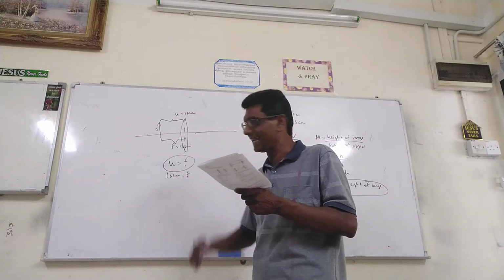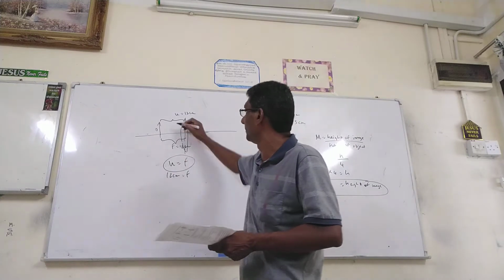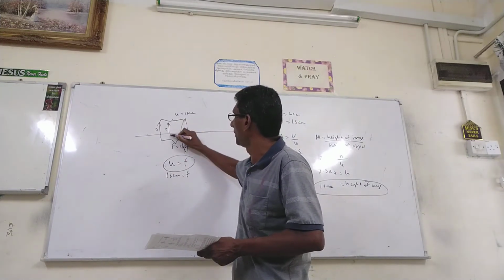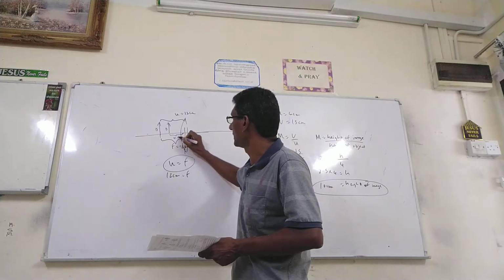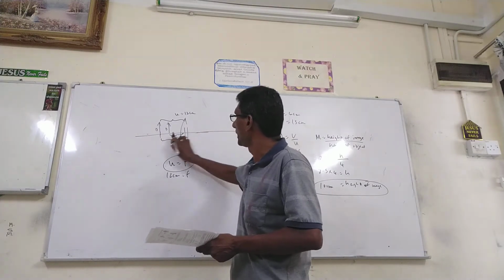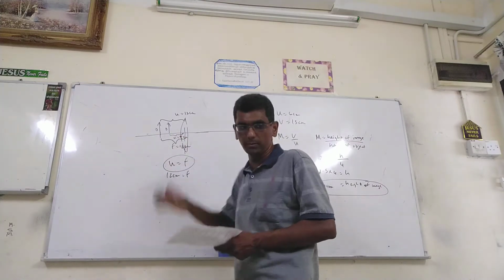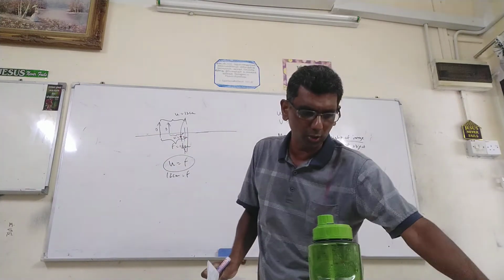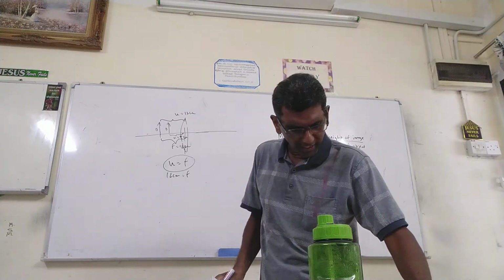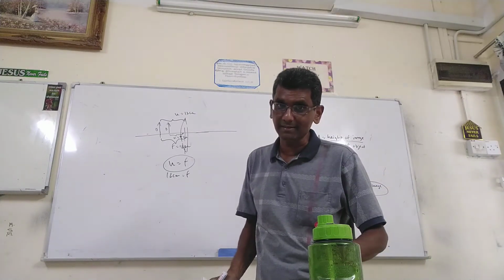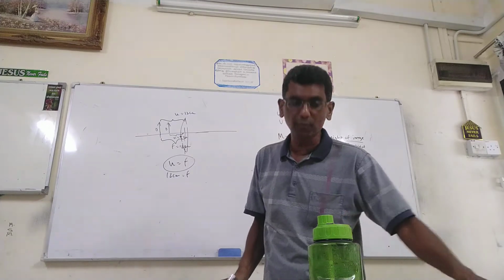If the object is placed 8 cm, now the object is placed at 8 cm. Just now the object was at 12 cm, and the object distance was the focal length.